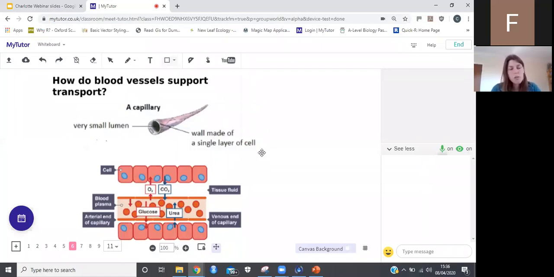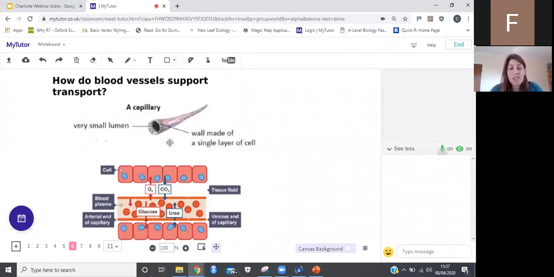So we also have these small blood vessels that can get into all of the little nooks and crannies in our bodies, right to the tips of our toes, and they're called capillaries. We've talked about capillaries a little bit in the lungs and a little bit in digestion as well, because they're the blood vessels that are quite closely connected with the cells where gas exchange and absorption of nutrients is happening.